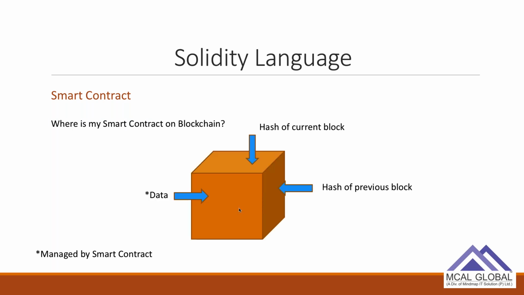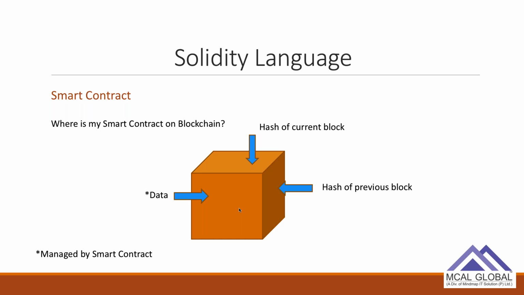So over the network, where is my smart contract in the blockchain? The cube that I'm showing on the screen is a block on the blockchain. A block contains the data, the actual entity data that you are storing. In the case of currencies, it is nothing but the ledger.